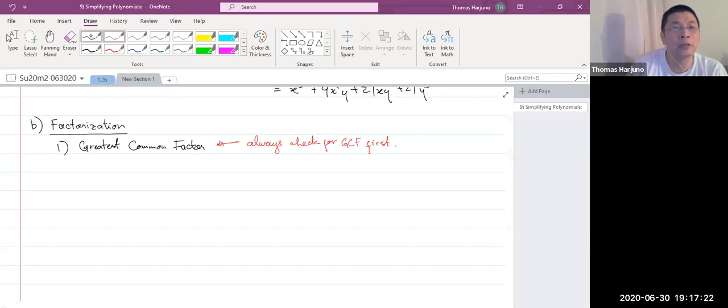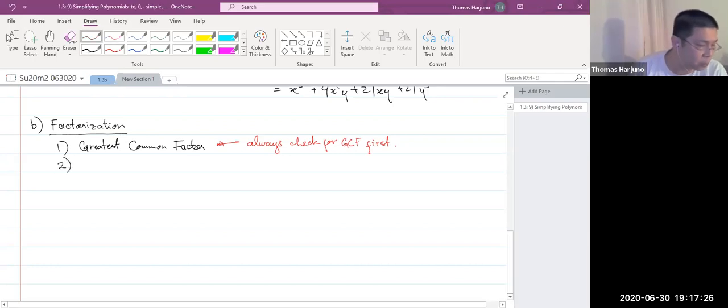Now, the second level, the second type, I prefer to call that the second level, is grouping method, factorization by grouping. And we know that we may do grouping if usually the polynomial has 4 terms.